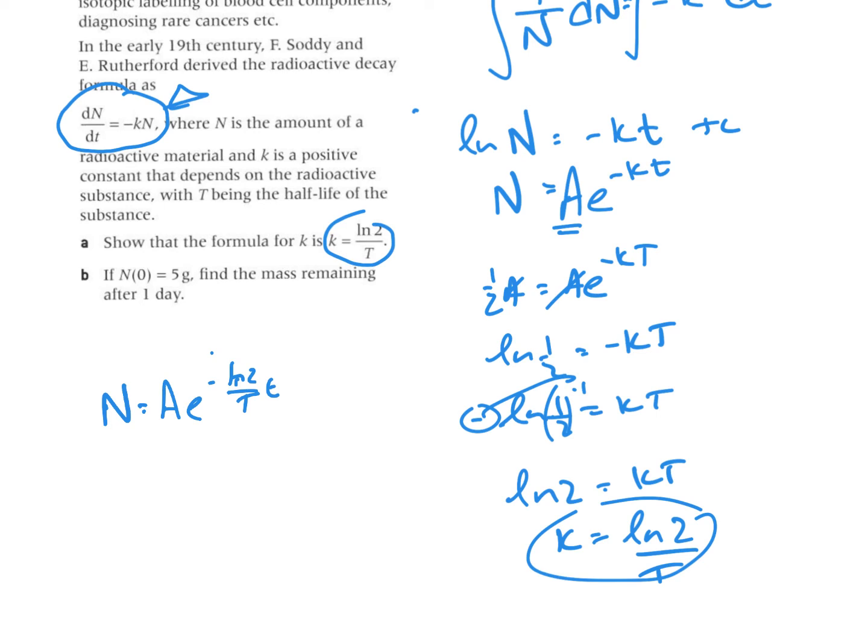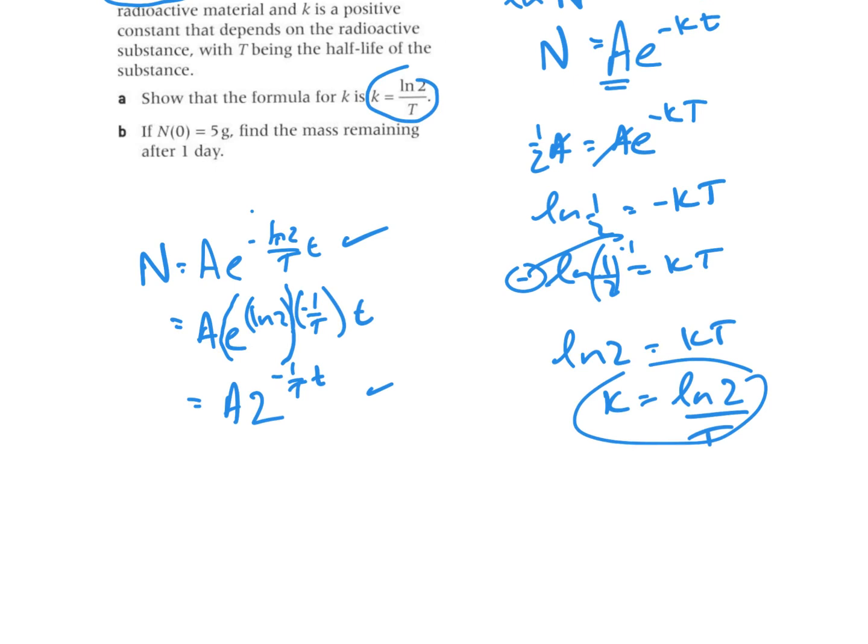Or I could rewrite this as a e to the ln 2 times negative 1 over big T times little t. And then I could consider that as a times 2 to the negative 1 over T times little t. Either form is equally correct.